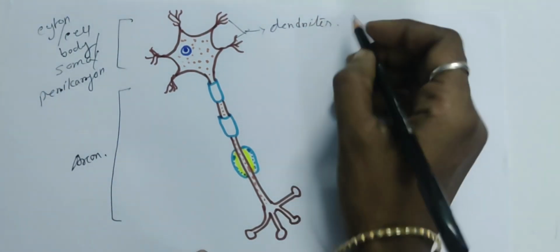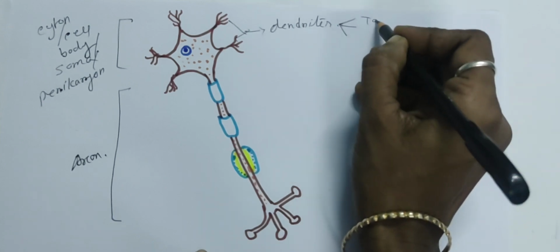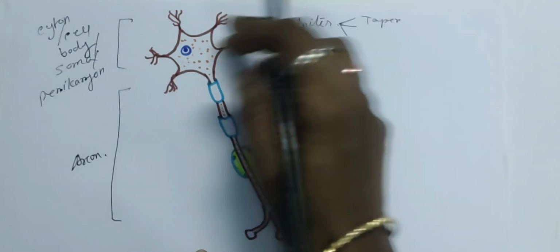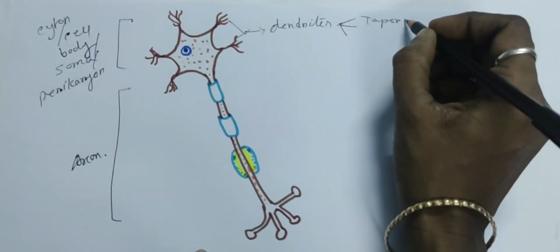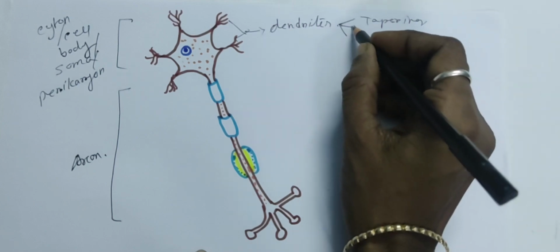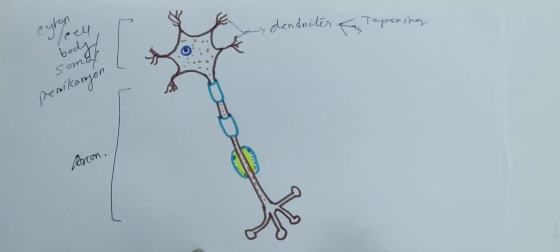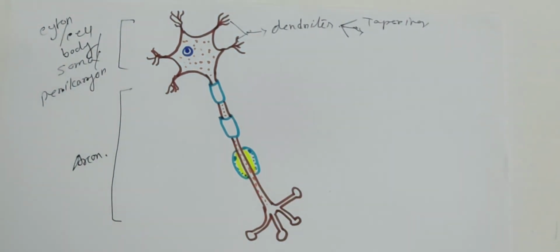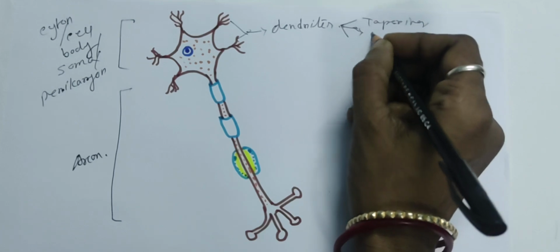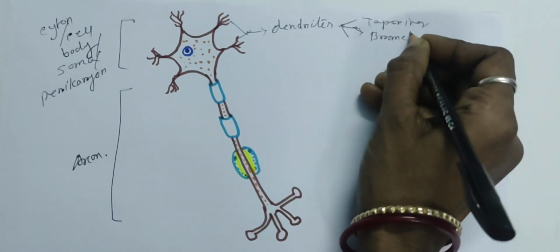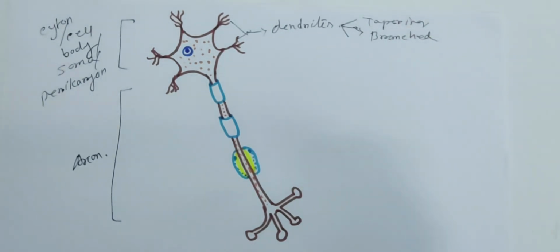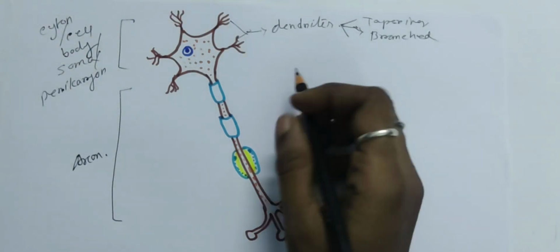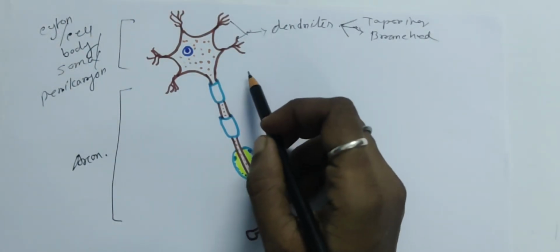Dendrites are tapering in their structure, and they are branched. Tapering, branched, and they act as afferent.